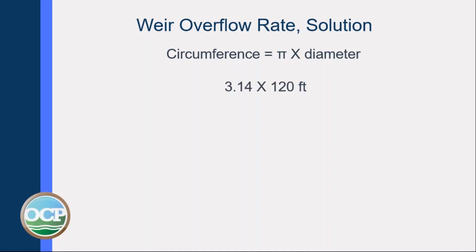The diameter was 120 feet. 3.14 times 120 feet means that your weir was 376.8 feet long.